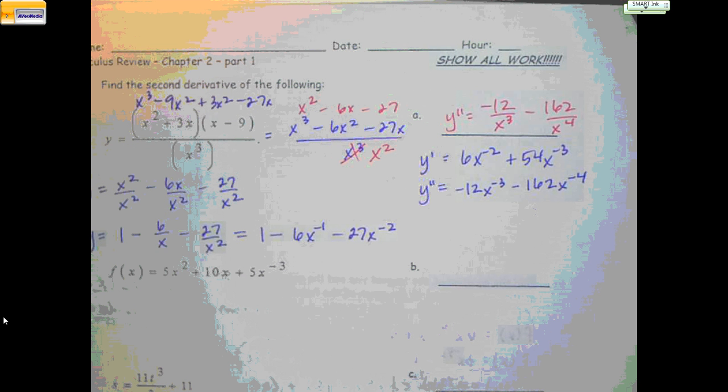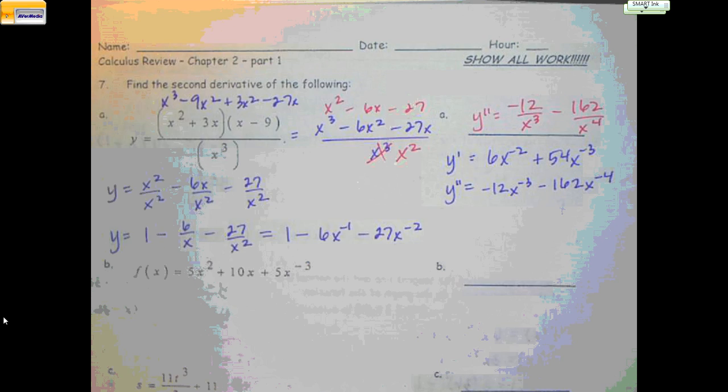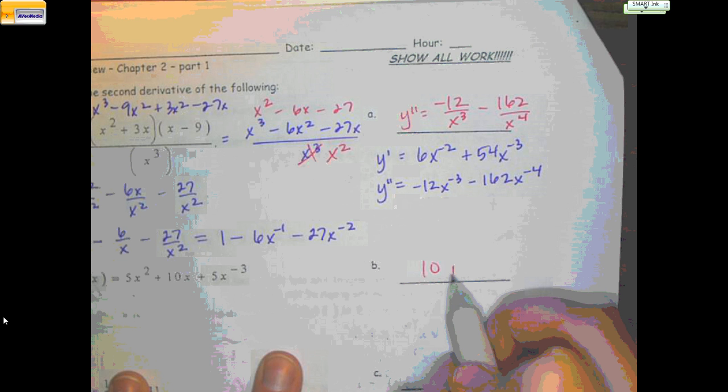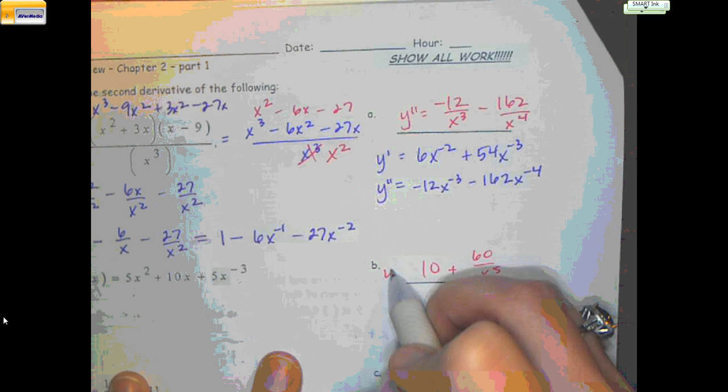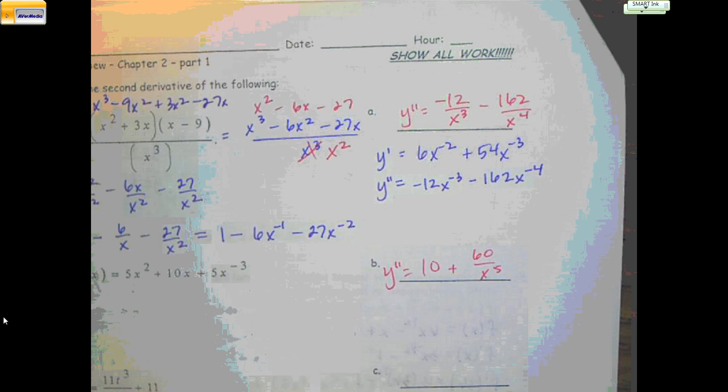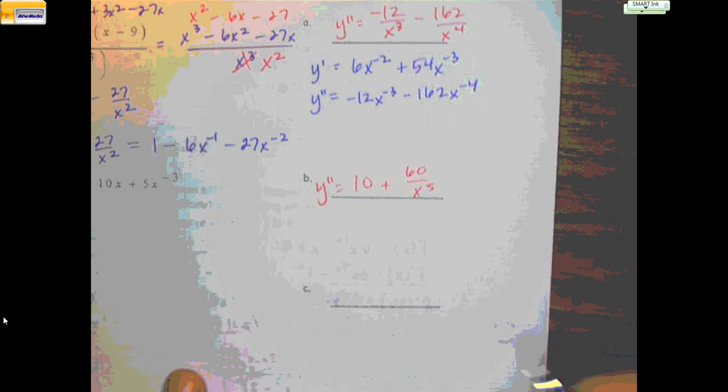Okay. Letter B, you're just finding a second derivative. That means find the derivative and then find the derivative of the derivative. For letter B, you should get 10 plus 60 over x to the fifth. Because there's a negative exponent, you could give back a negative exponent.